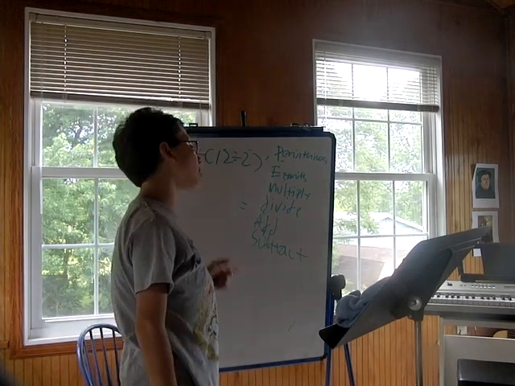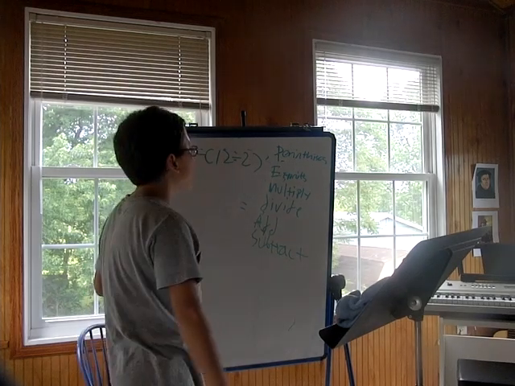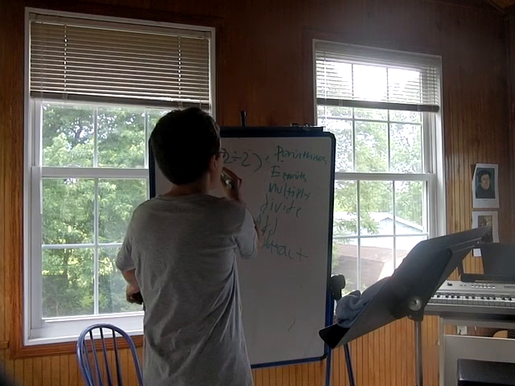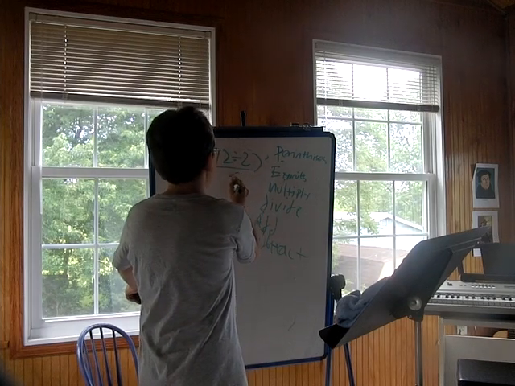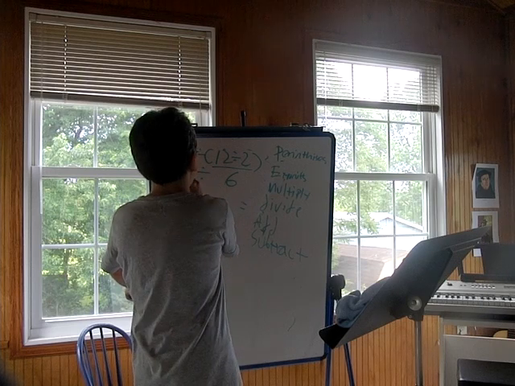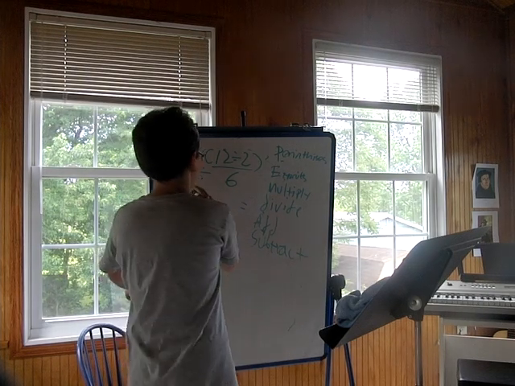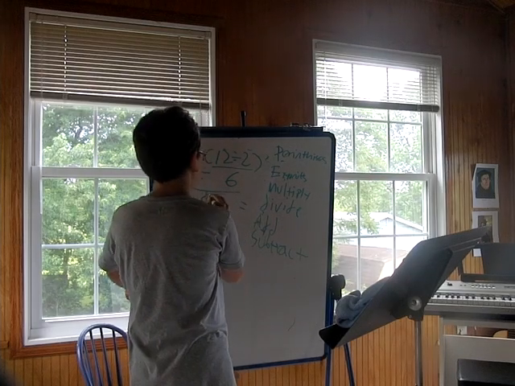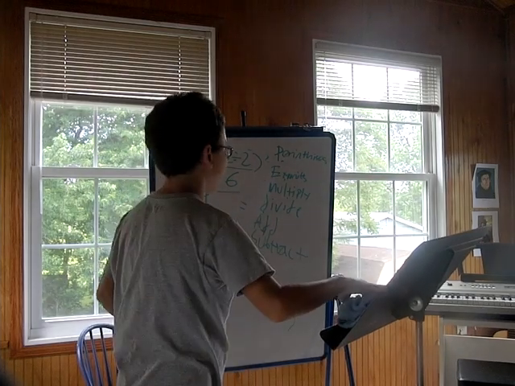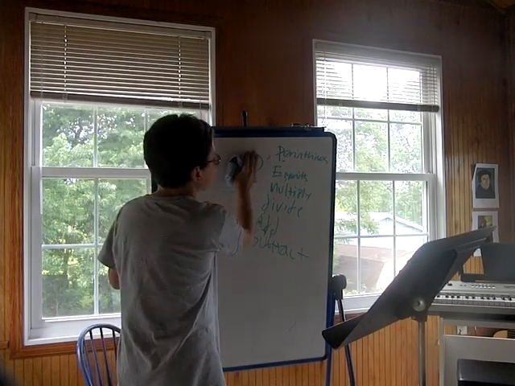Well, we have to go left to right. 12 divided by 2 would give you 6. Then 48 divided by 6 would give you 8. So that would be 8. So that is using parentheses.